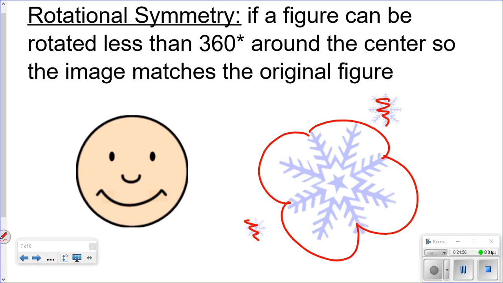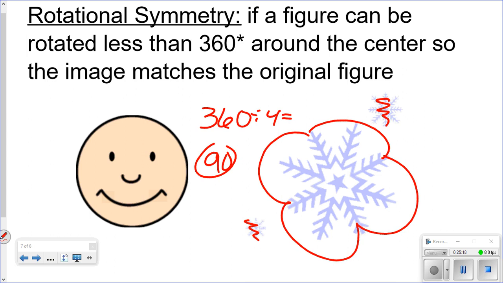Now it might ask you, how many degrees can you turn it before it looks like the same image? Well, it's pretty simple. You would take 360, because that's what it takes for a whole circle. How many times could I turn this? 4. 360 divided by 4 would be 90. So I could turn it 90 degrees, and it would fall on the same figure.